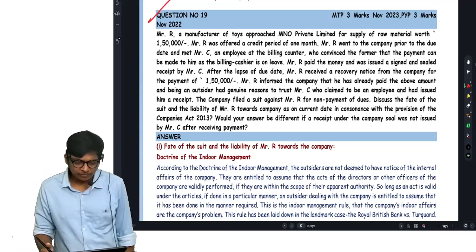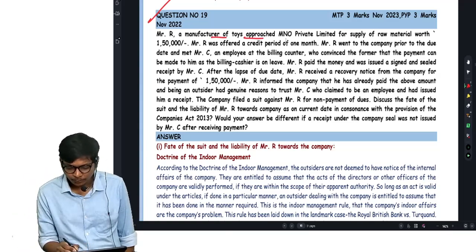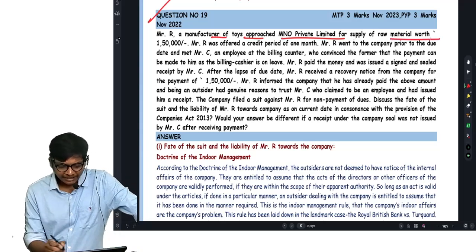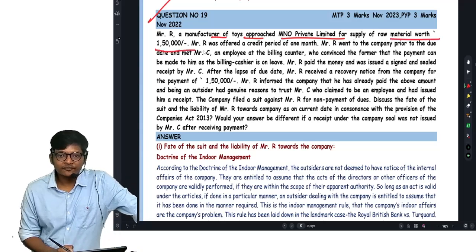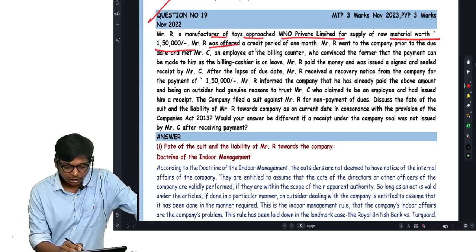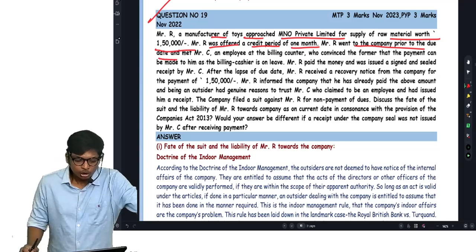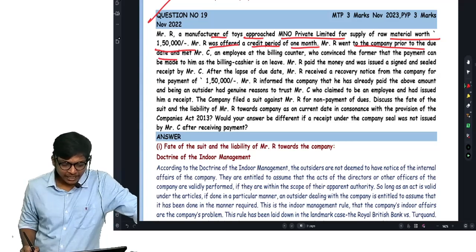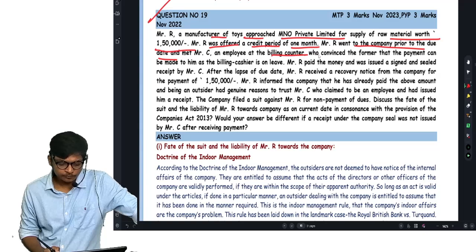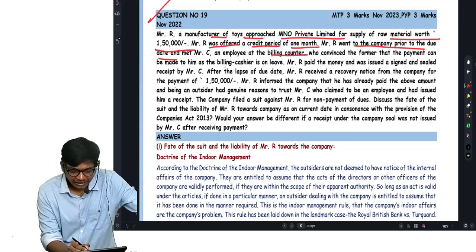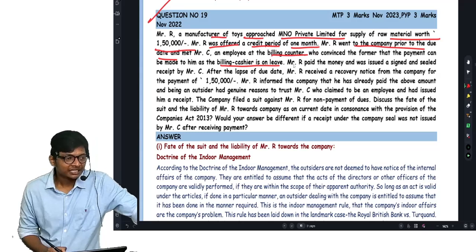Let me start off. Mr. R, a manufacturer of toys, approached MNO Private Limited for supply of raw materials worth 1,50,000. Mr. R was offered a credit period of 1 month. R went to the company prior to the due date and met C, employee at the billing counter, who convinced the former that the payment can be made to him as the billing cashier is on leave.